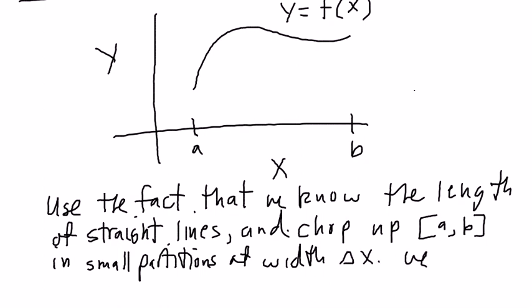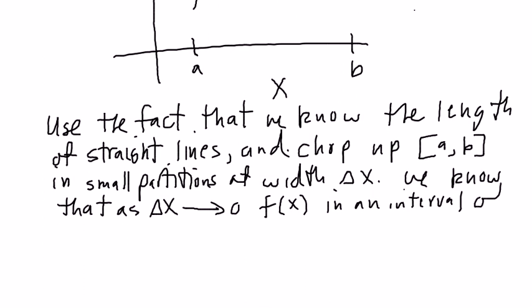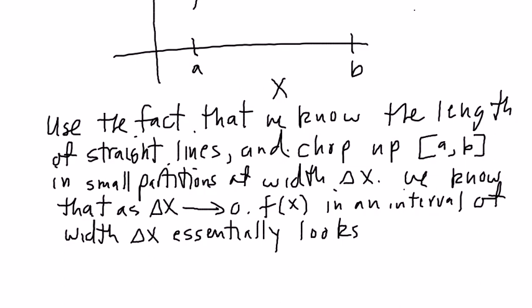We know that as delta x gets small, f of x in an interval of width delta x essentially looks like a straight line.